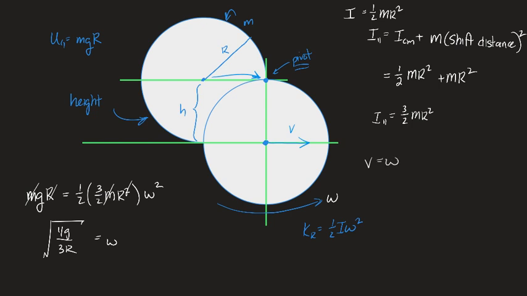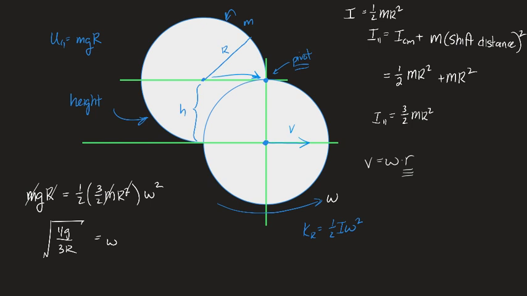So that's got to be v equals omega times r. And I'm using little r here to remind you that this is how far away from the pivot point the velocity is that you're looking for. So we're looking for the velocity right there.